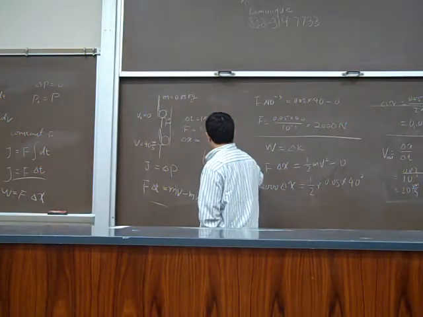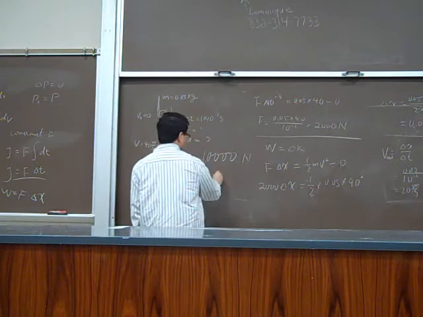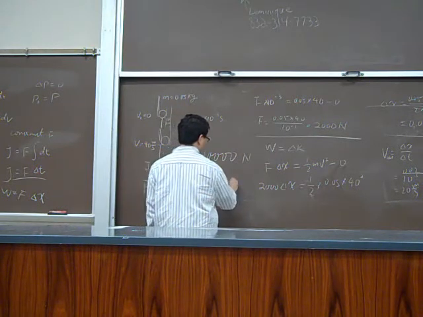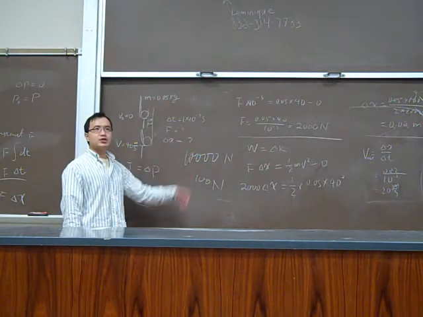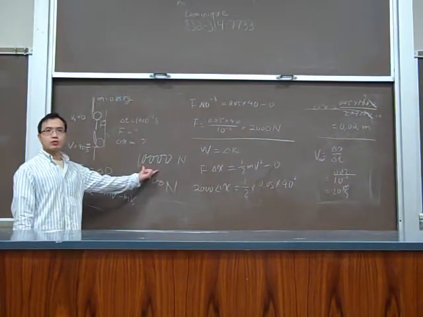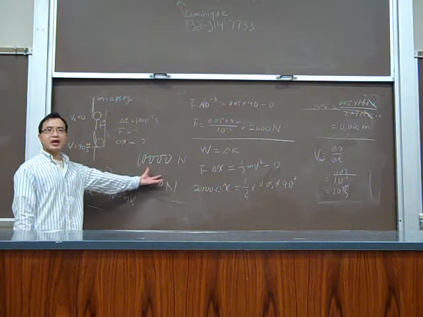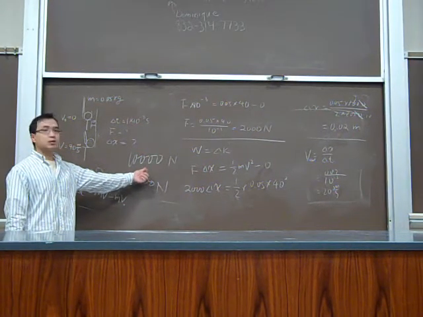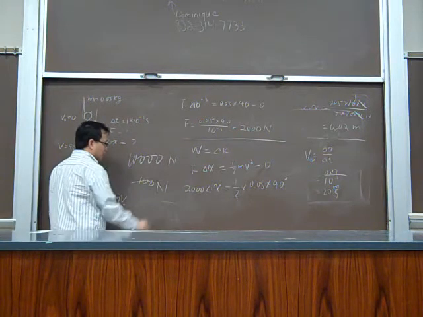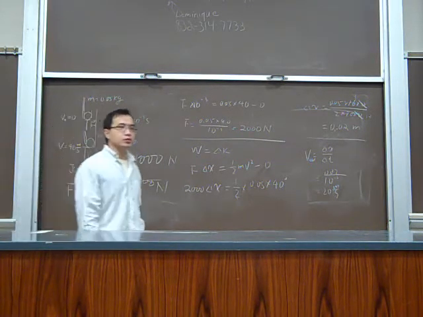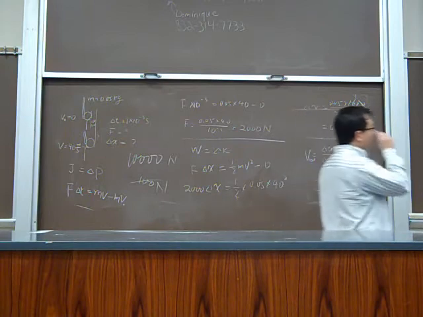Like if you have an internal force like 10,000 Newton, and you have even a quite large external force of 100 Newton, compared with this internal force it is nothing. All the behavior will be dominated by the internal force. So in that case, you can ignore it. Then you have the momentum conservation.